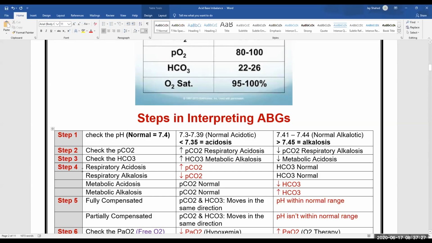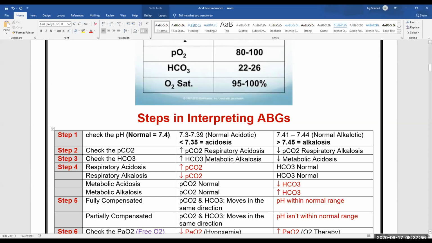Now we have to determine first if it's respiratory or metabolic. If it's respiratory acidosis, it has to do with PCO2, but the HCO3 is normal usually. If the HCO3 is normal and the PCO2 is high, we know this has to do with respiratory, so it's respiratory acidosis.